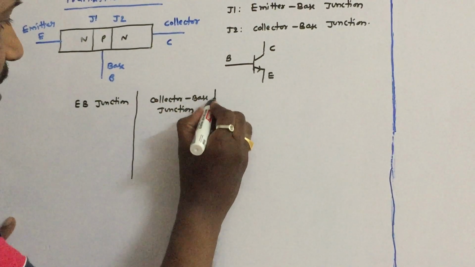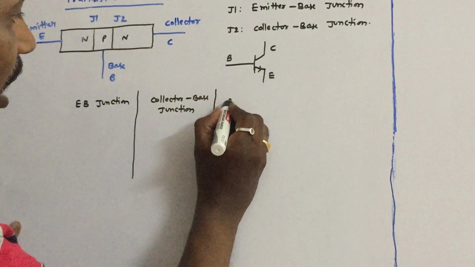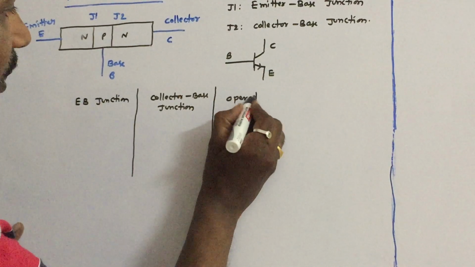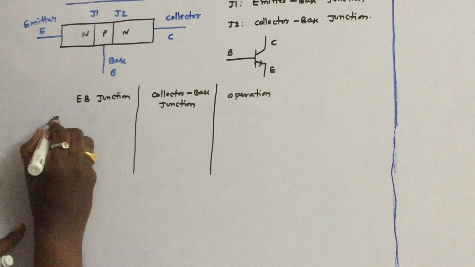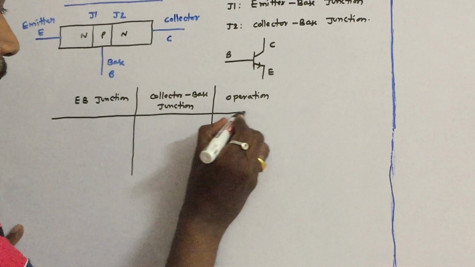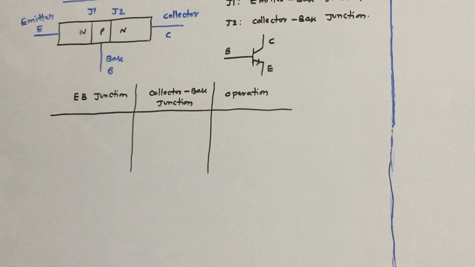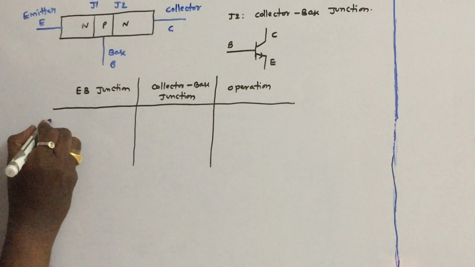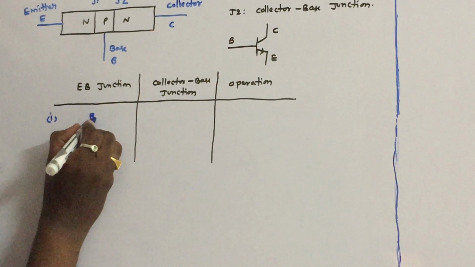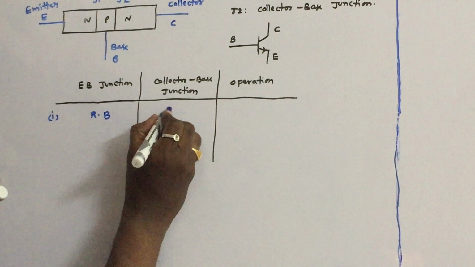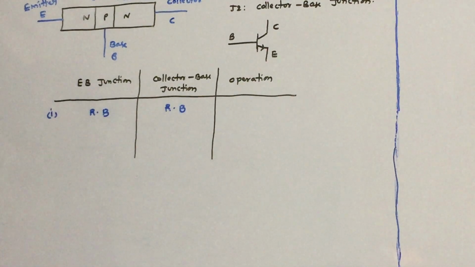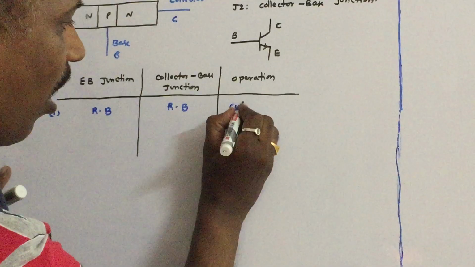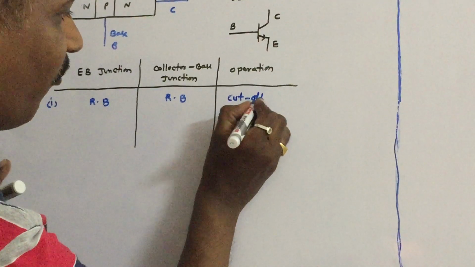The last column is the operation of the transistor, in which region it is going to operate. Let us see the first one. If the emitter base junction is reverse biased and the collector base junction is also reverse biased, the transistor acts in the cutoff region.